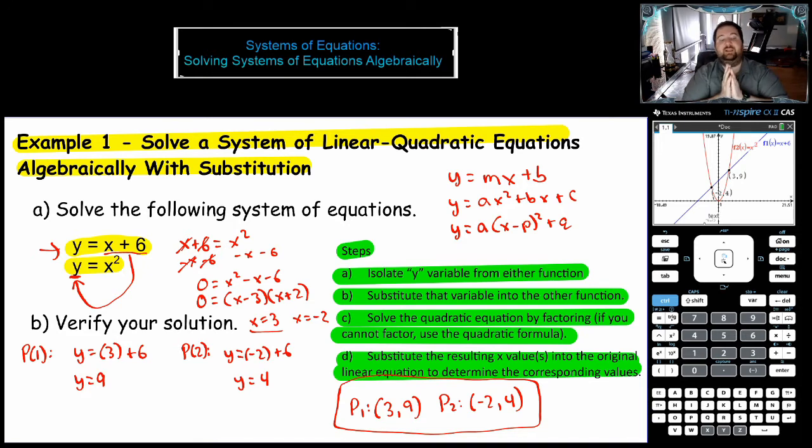So we can see by solving algebraically, we were able to find the same solutions as solving graphically. Of course, if you don't have technology, graphing is much slower. So this becomes a very simple method for quickly finding your points of intersection. And it's very useful to have this knowledge.